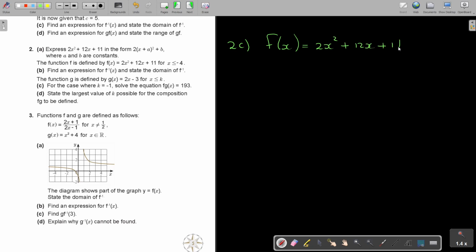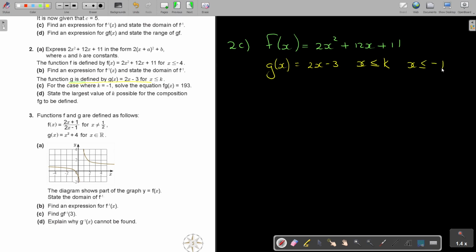And they bring in the function g, and that will be g x equals 2x minus 3, and then they say x is smaller and equal to k. So for k where k is negative 1, x is smaller and equal to negative 1. Okay, solve the equation.